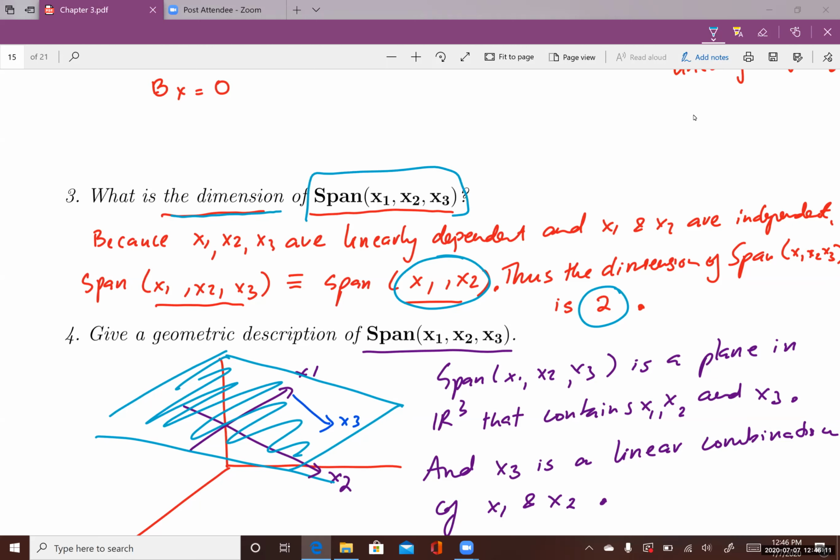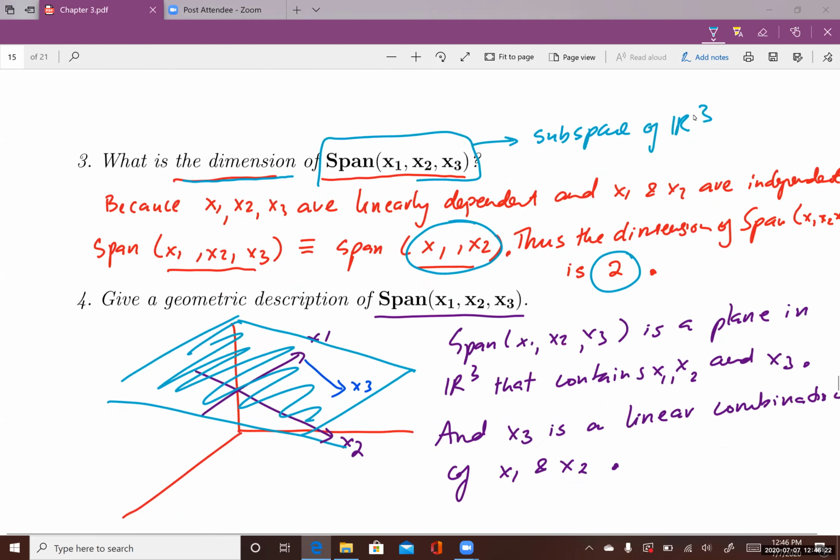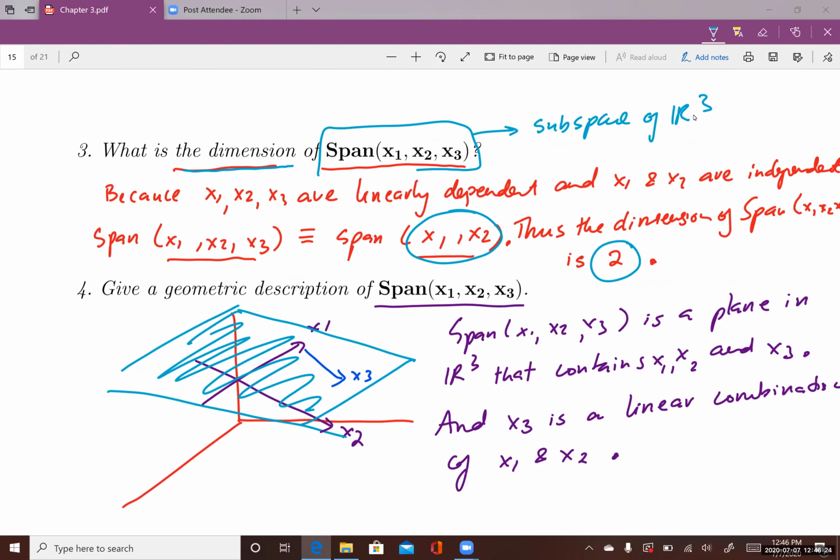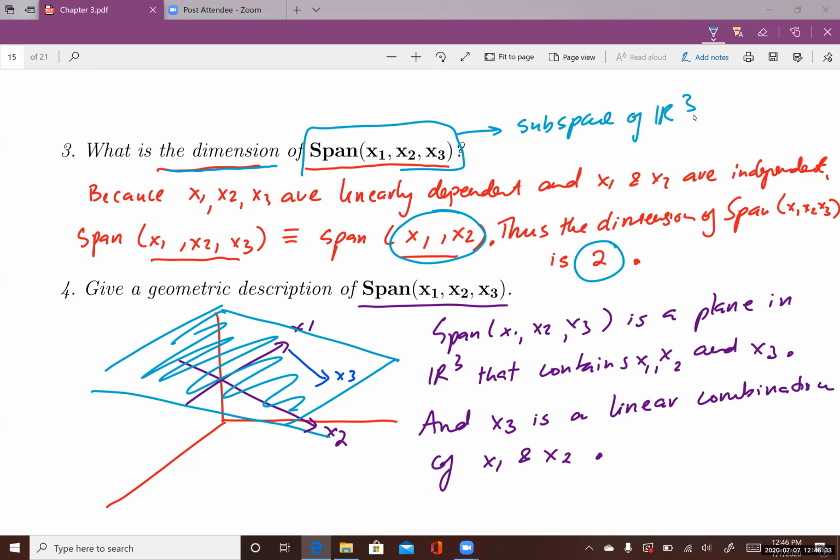And again, remember the span of a set of vectors is a subspace of R3, and in fact, it is a plane that contains the vectors x1 and x2. And if you find out that a set of vectors is linearly dependent, then you can figure out which vector is depending on the other vectors.